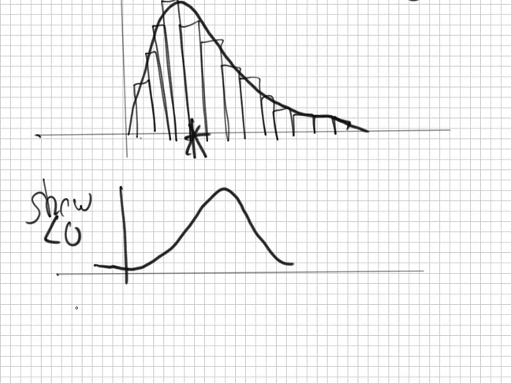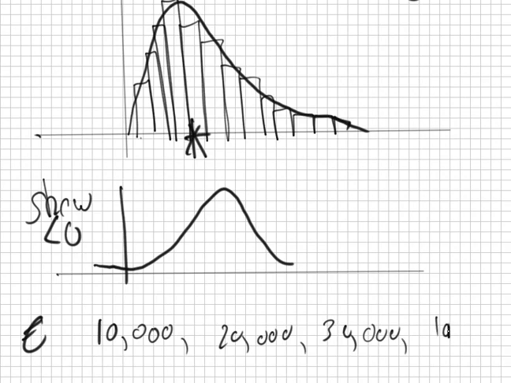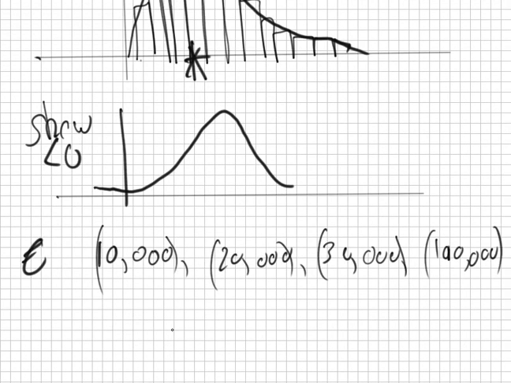I'll give you an example with income. Calculate the average here: 10,000 per year, 20,000 per year, let's say 30,000 per year, and then 100,000 per year. So what's the average going to be? 30, 40, 50, 60, 160, 80, 40,000 is the average.